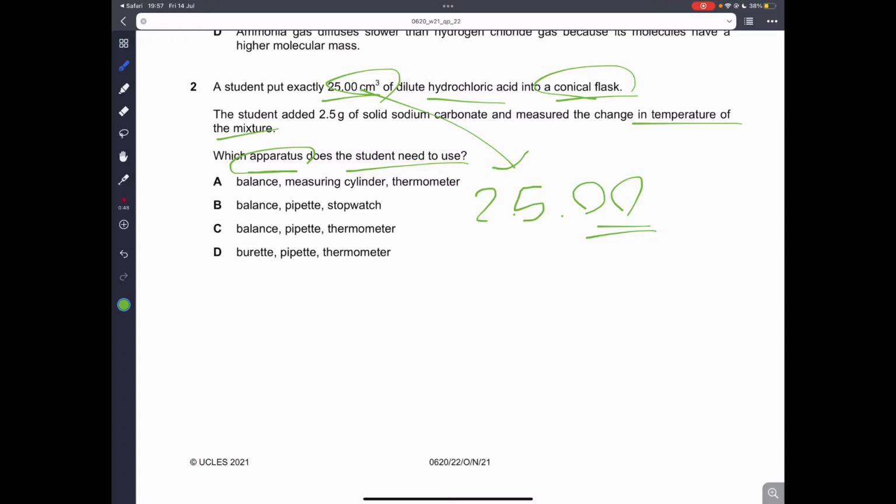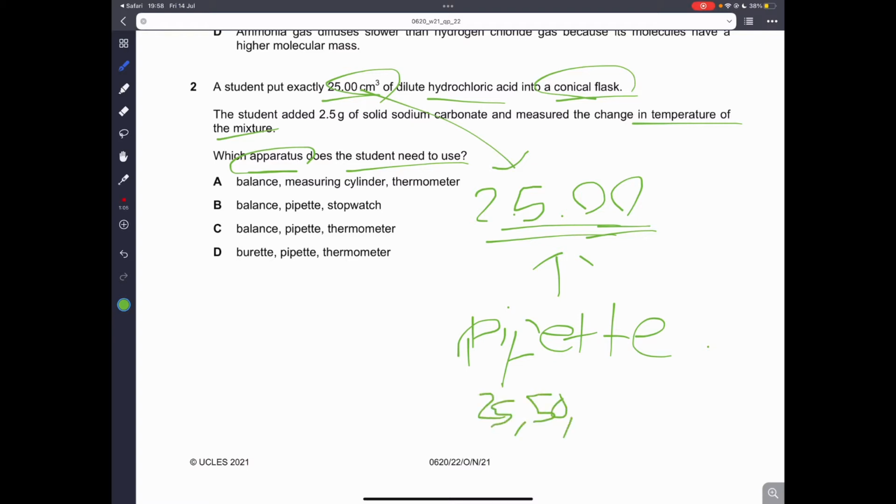Now this means the student has to use a pipette, however you want to call it, because a pipette can measure the exact volume. So pipettes come in 25 cm cube, 50 cm cube, 10 cm cube sizes, and that's something that you just have to remember.